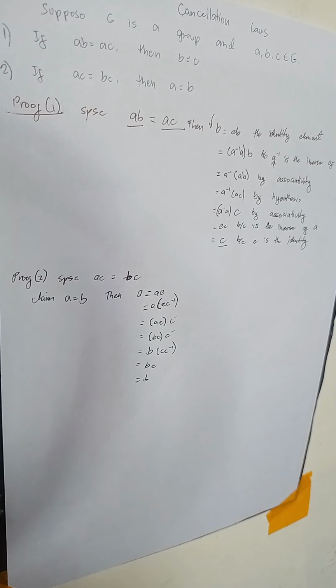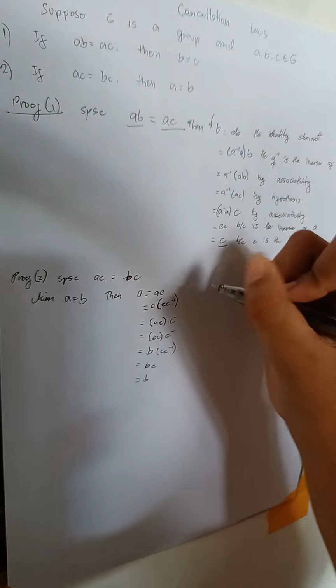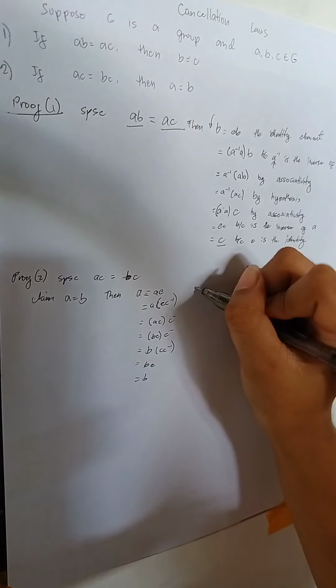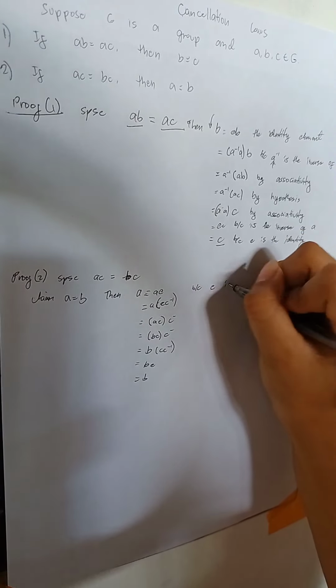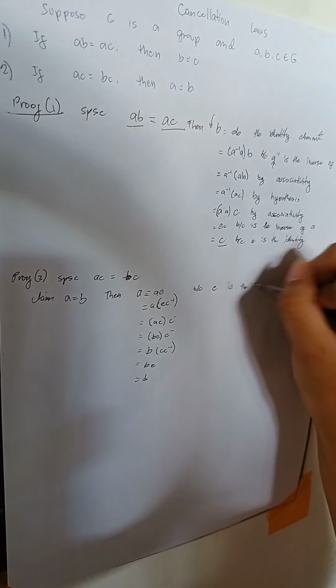Let me go and fill in the steps. The first step was because E is the identity.